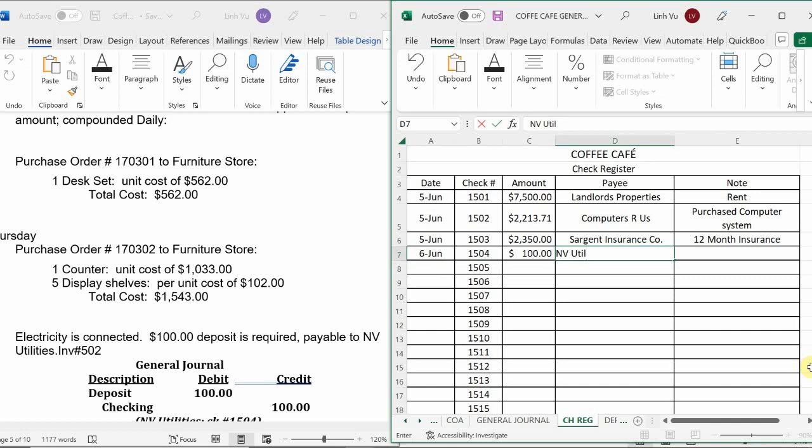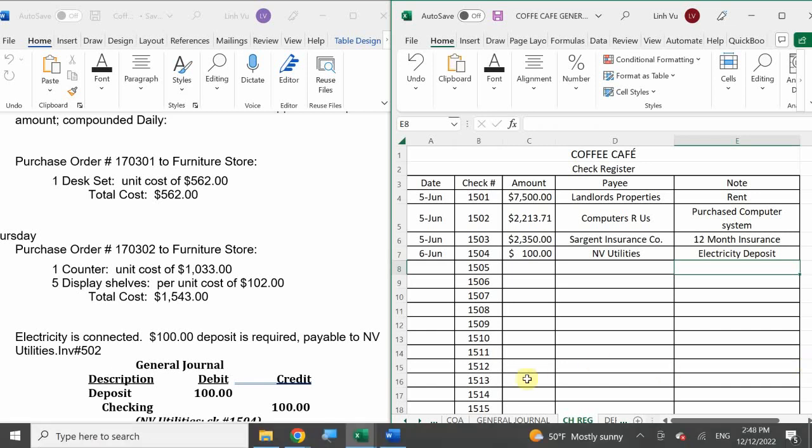NV Utilities for $100, yes, for electricity deposit. Okay. So here we go. We wrote check number 1504.